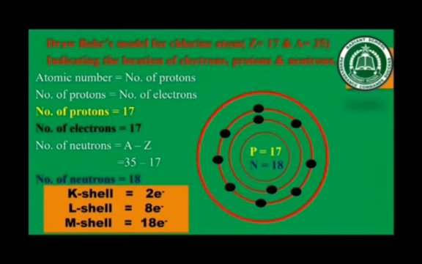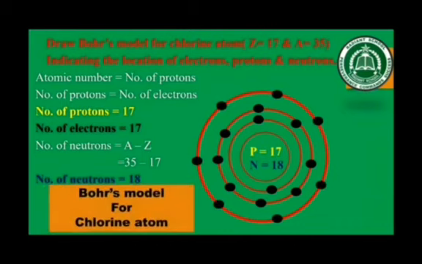So we will draw 7 electrons in the M shell. It is Bohr's model for the chlorine atom. I hope if atomic number and mass number are given to you, you can draw the Bohr model for any atom. It was all about Bohr's atomic model. Thank you.